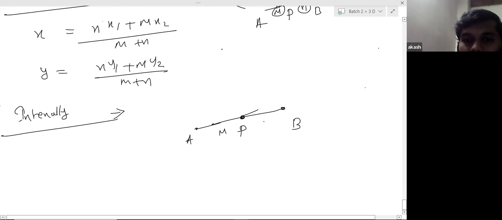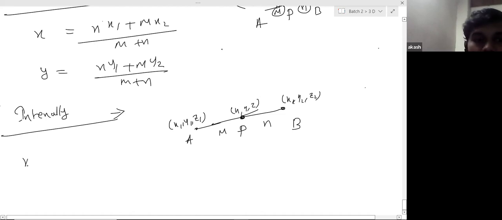Suppose this divides in m is to n ratio. And this point is (x1, y1, z1), and this is (x2, y2, z2). So the coordinates of P, (x, y, z), will be x is equal to (n into x1 plus m into x2) upon (m plus n).